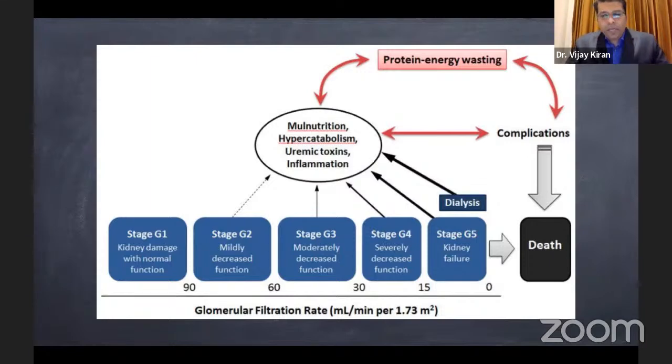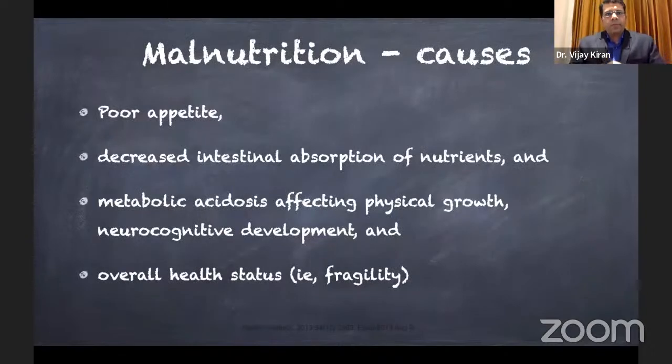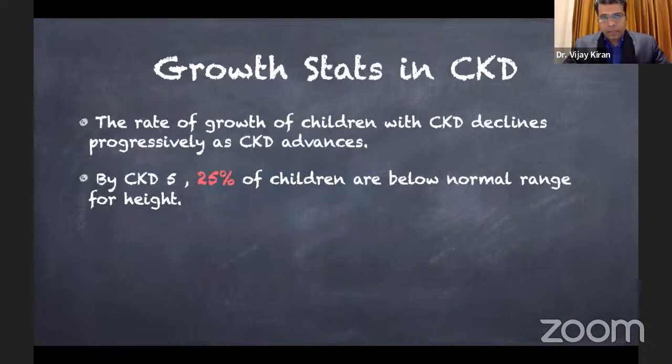Okay, we have to understand this. So the causes of malnutrition are, one, as I previously discussed, poor appetite. Second would be decreased intestinal absorption of nutrients. Third would be metabolic acidosis affecting the physical growth, and also the neurocognitive development of the child and overall fragility. So now let us look at some of the statistics.